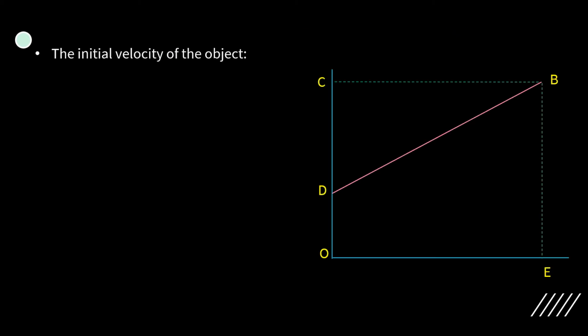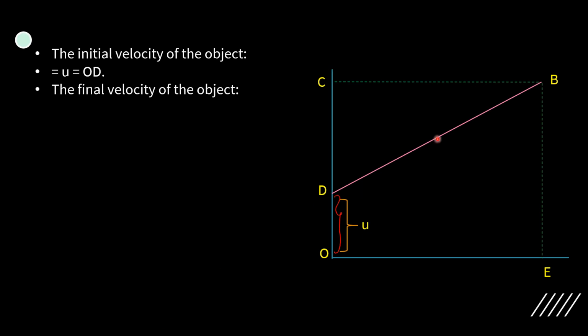The initial velocity of the object is u, which is nothing but the distance OD. So this is where the object is having the initial velocity. Then after traveling a distance, it attains the final velocity. Let us take at the point B, it will be having a final velocity.